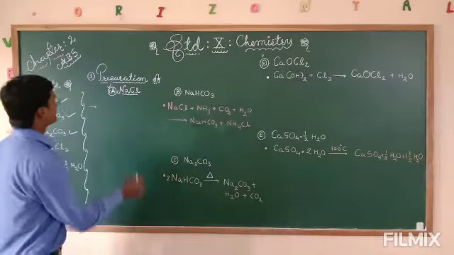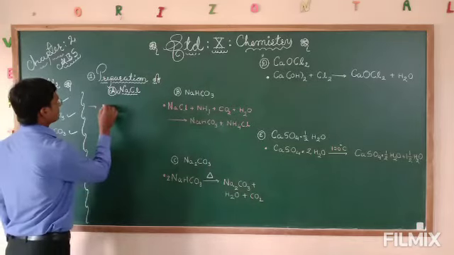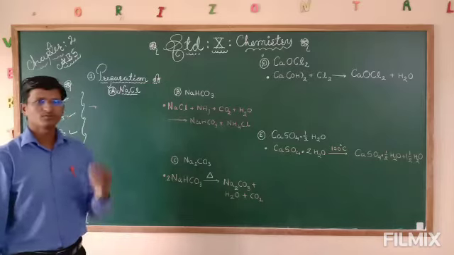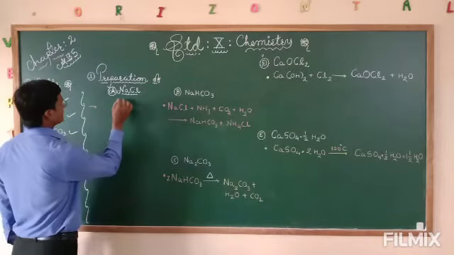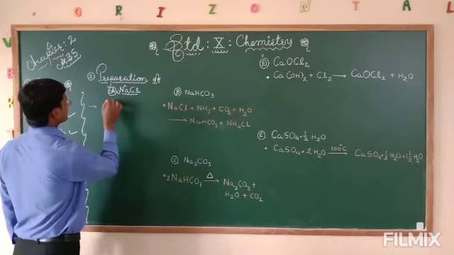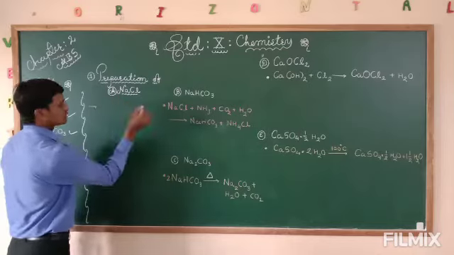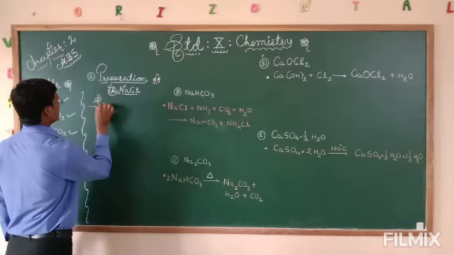Now first I will start with how to prepare NaCl. As we discussed in our previous video, when NaCl is formed, it reacts with both acid and base. The common name is common salt and the chemical name is sodium chloride.